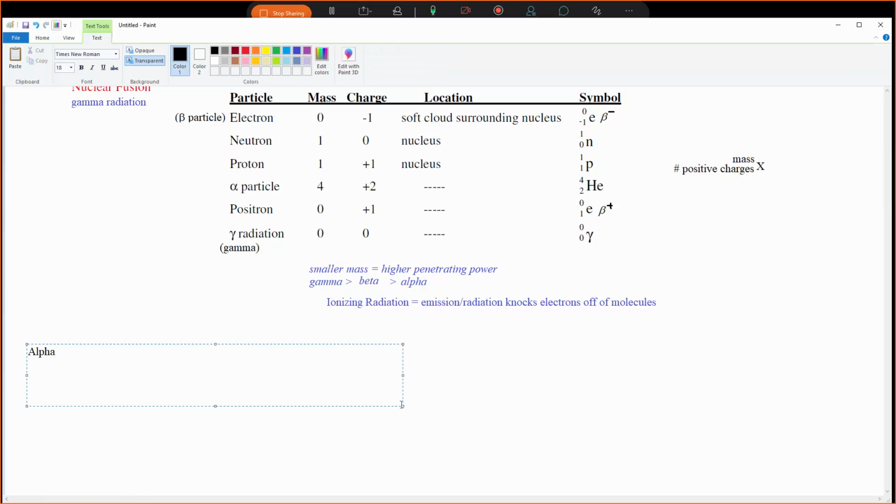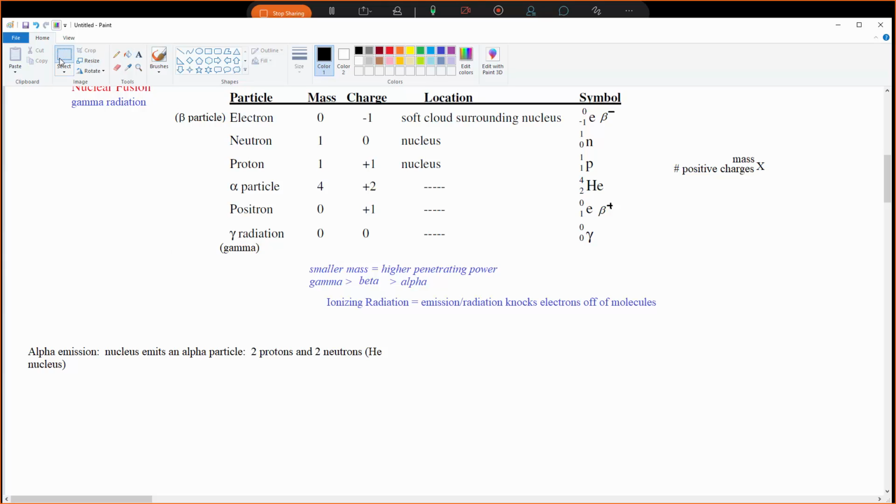So alpha emission is radiation or decay where the nucleus emits an alpha particle. No surprise there. The alpha particle has 2 protons and 2 neutrons. It's basically a helium nucleus, and that's why it's written as 4-2He right here.